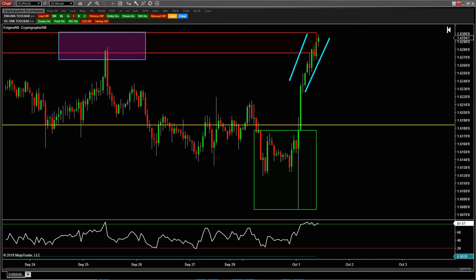Let me get this into our trade floor real quick. This is Euro, not Euro Canada, Euro Aussie. Rising channel into previous resistance zone.